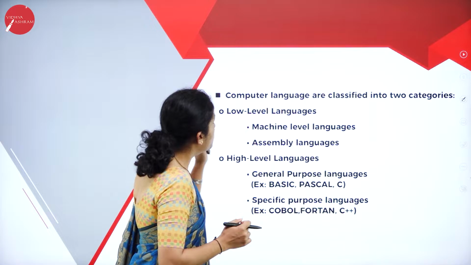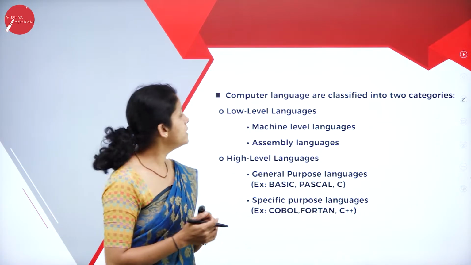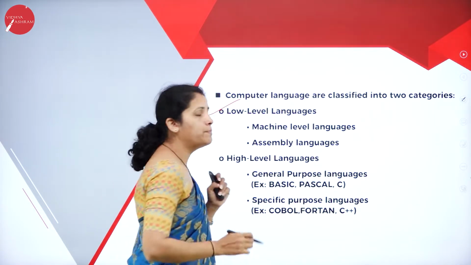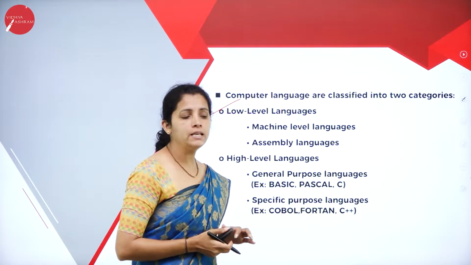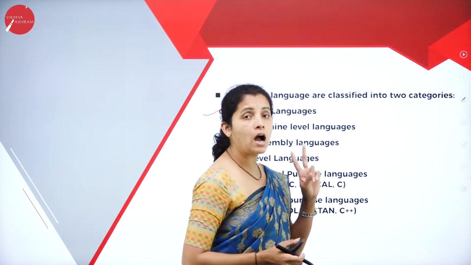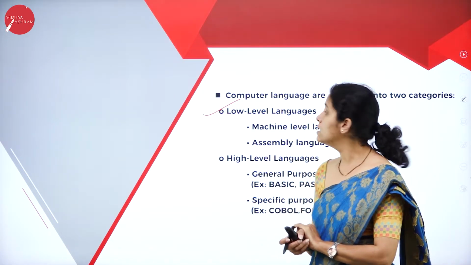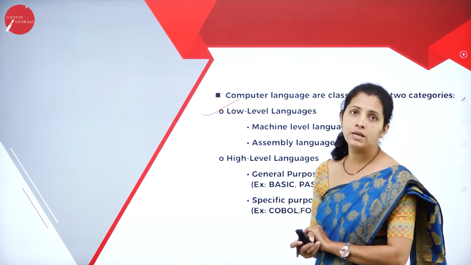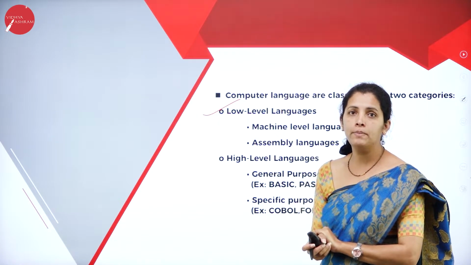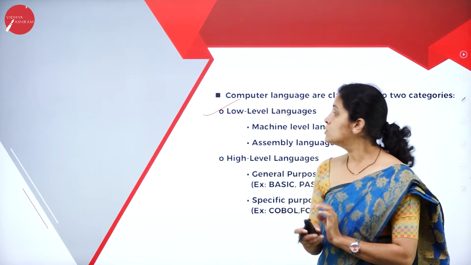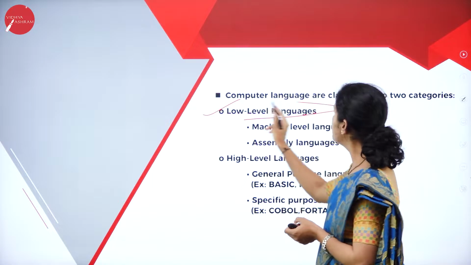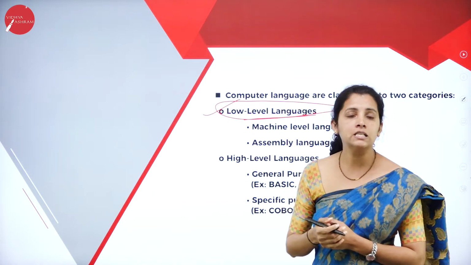Now, in programming languages, we have two main types. That means programming languages are mainly classified into two types: low level programming language and high level programming language. So what is low level programming language? The native language itself.